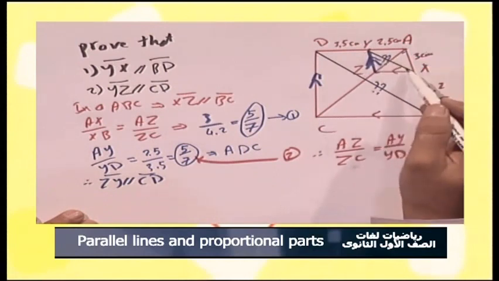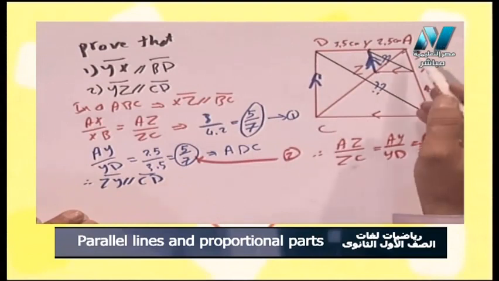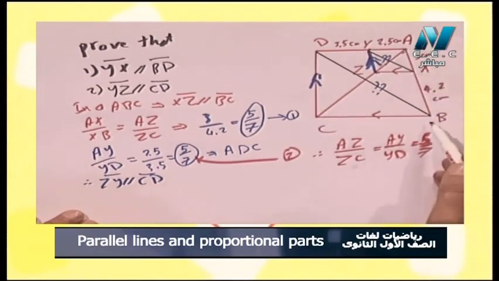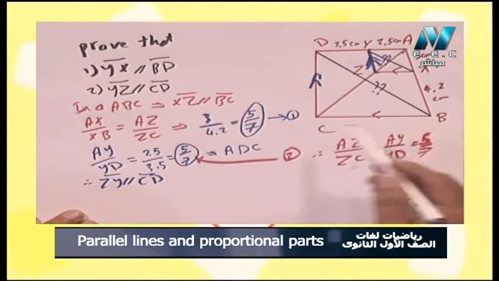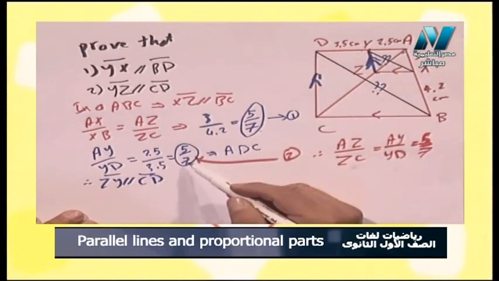YX parallel to DB. And we have AX over XB equals 5 over 7. And AY over YD equals the same ratio.